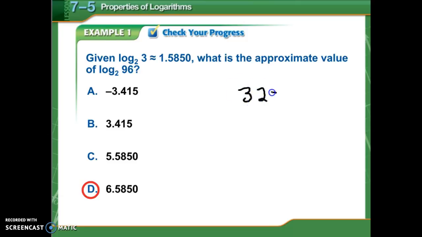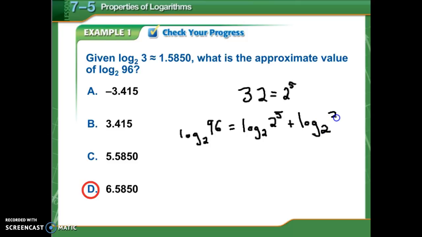and 32 is 2 to the 5th power, and so log base 2 of 96 is the same as log base 2 of 2 to the 5th plus log base 2 of 3.